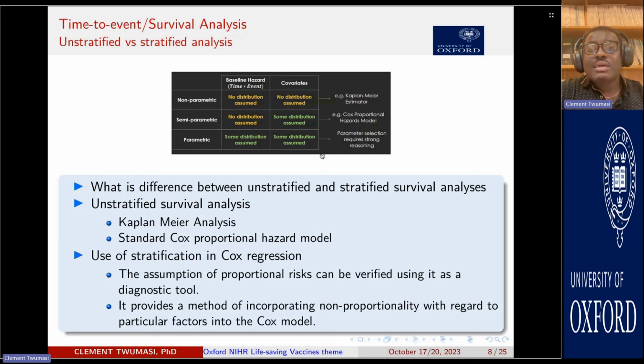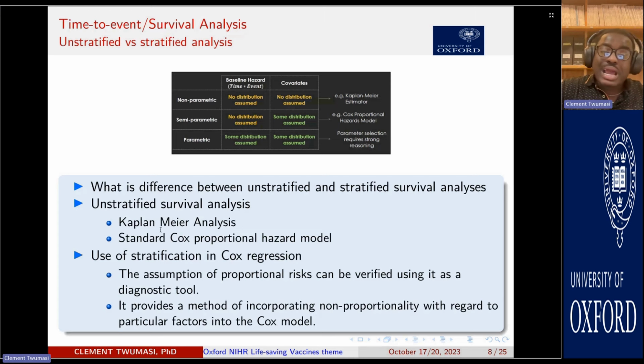So the Kaplan-Meier survival analysis is more of an exploratory survival analysis, in that you are only able to consider one covariate or one predictor at a time. So we can investigate how the survival times vary between certain groups or a certain categorical variable.